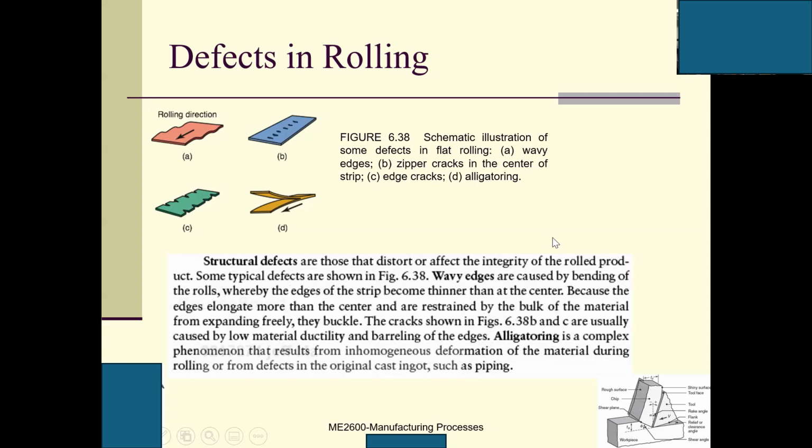One is wavy edges. Second is cracks in the center of the strip. Third is edge cracks on both sides. And the fourth is the opening, mode 1 cracking, that we call very intuitively the alligator's mouth, right?